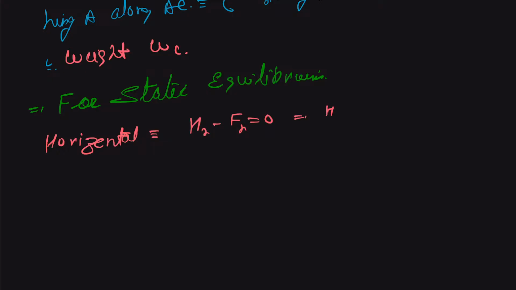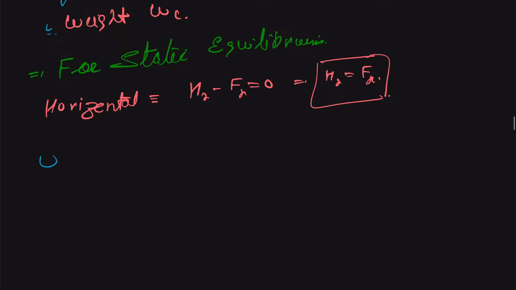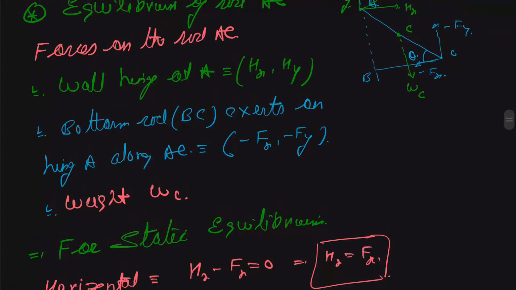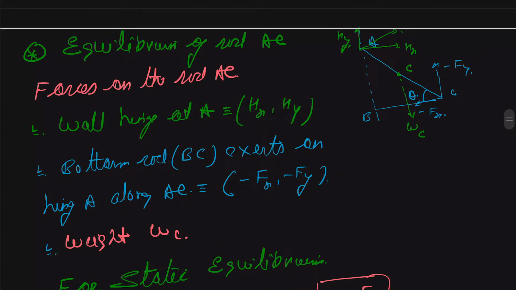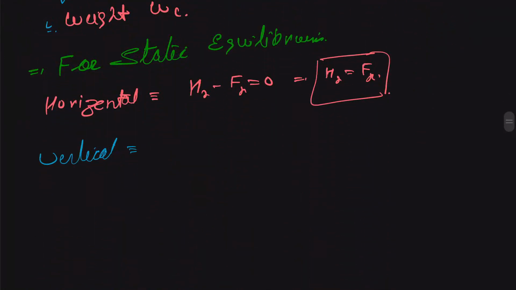We get here H of x is equal to F of x. And then we come to vertical, and vertical we are having H of y, F of y and WC. So we can write H of y minus F of y minus W of C is equal to 0. So from here we can say our H of y is equal to F of y plus W of C.